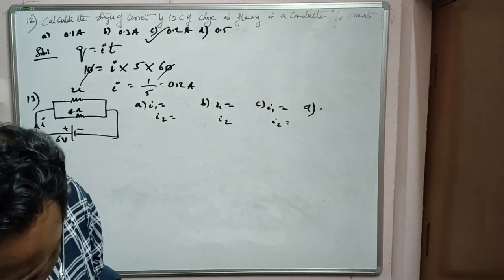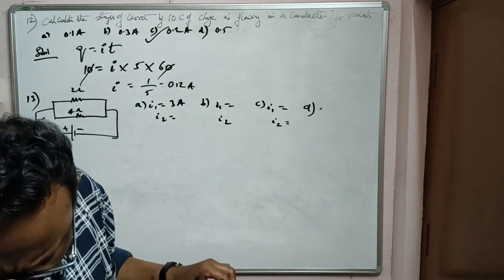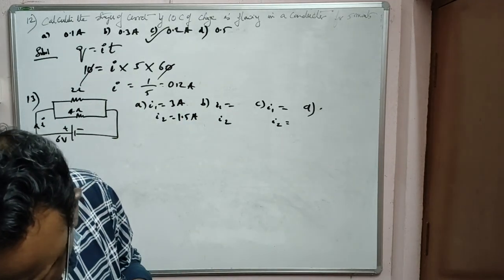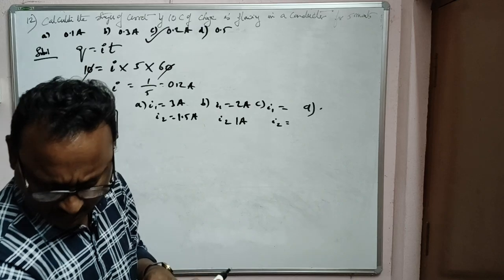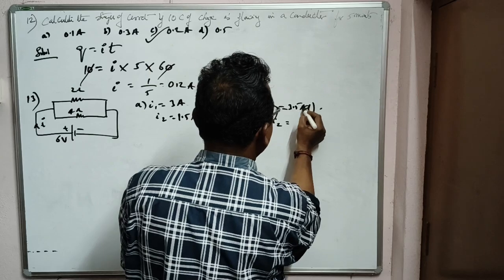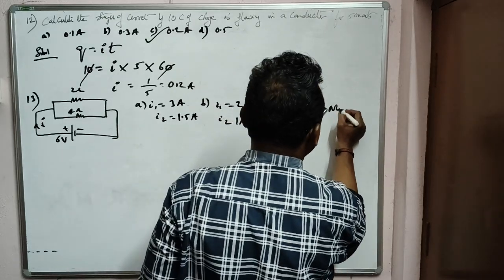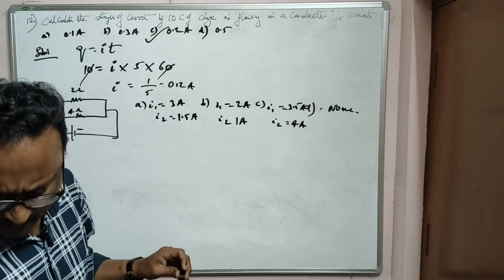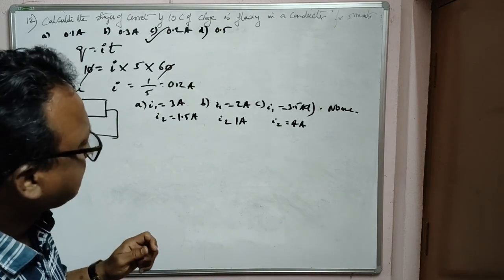He has given the answers also: A is 3 amperes and 1.5 amperes, B is 2 amperes and 1 ampere, C is 3.5 and 4 amperes, and D is none.